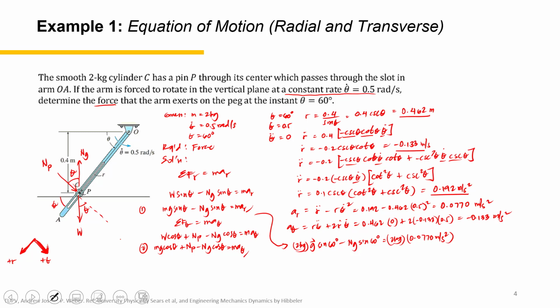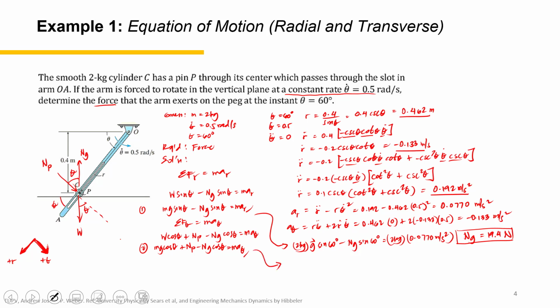Okay, so solving for NG is equal to 19.4 Newton. Okay, so this is one of the forces that act on the cylinder C.